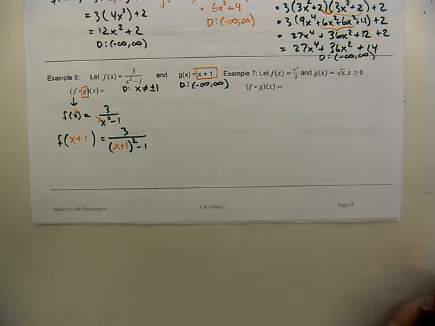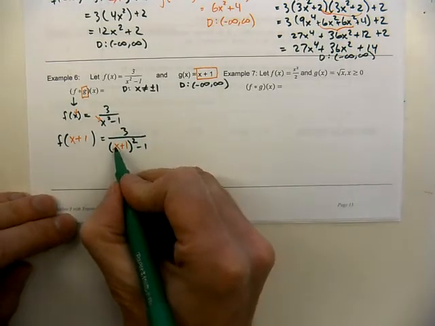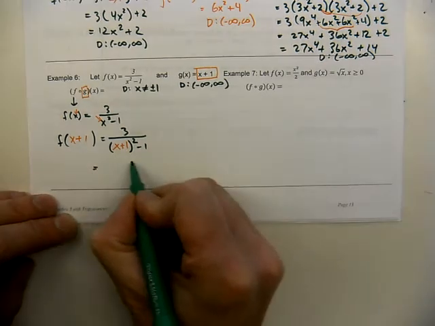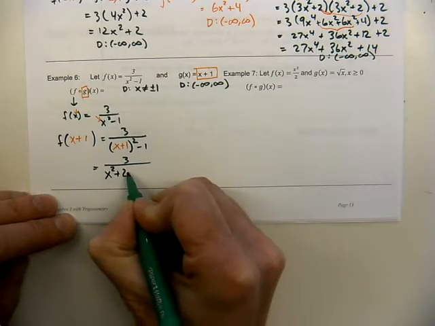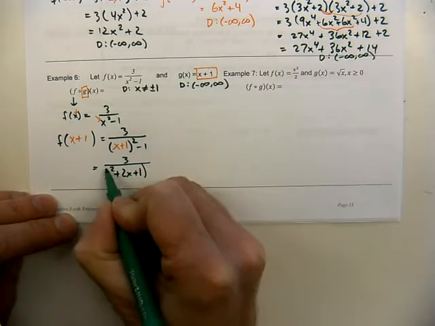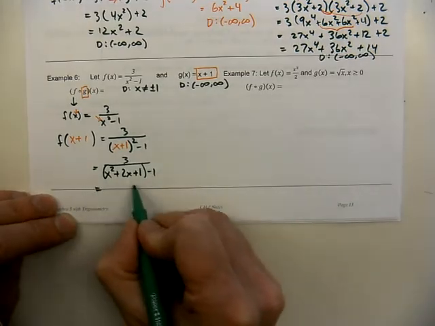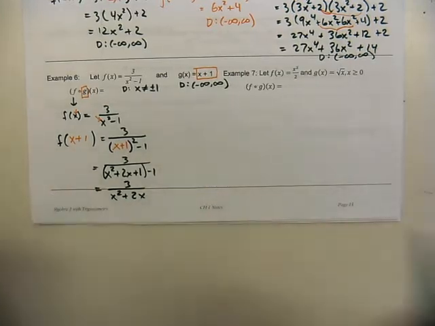This is what the setup looks like. So we have to FOIL this binomial again. Be careful, that's not just x squared and 1 squared. It's x plus 1 times x plus 1. So we have a trinomial as a result. You have an x squared plus 2x plus 1. And then with the minus 1 at the end, those 1's will cancel out. So this turns out to be 3 over x squared plus 2x. That's the result of the composition.